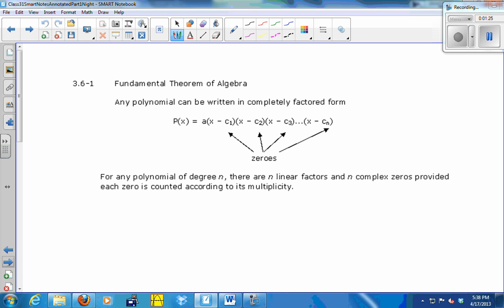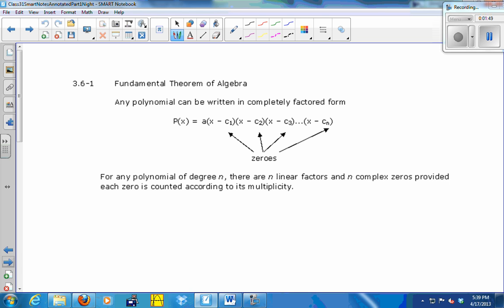So the fundamental theorem of algebra is actually the algebraic equivalent of the fundamental theorem of arithmetic. The fundamental theorem of arithmetic is something you learn way back. It says that every integer has a unique prime factorization. You can take any number and write it as a product of prime numbers that's different from every other number.